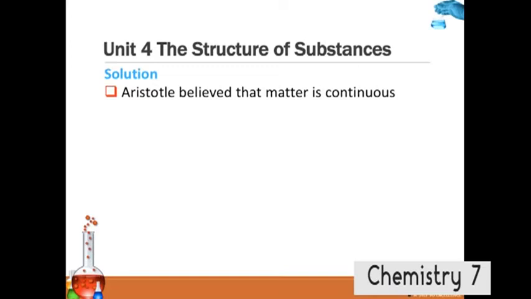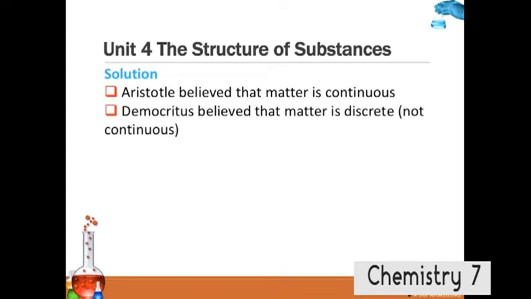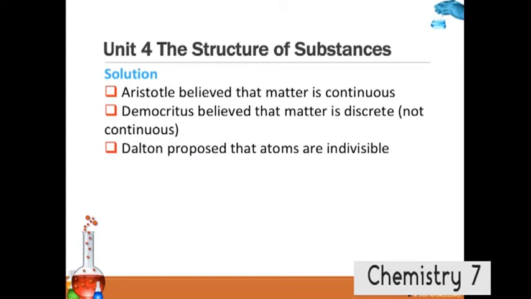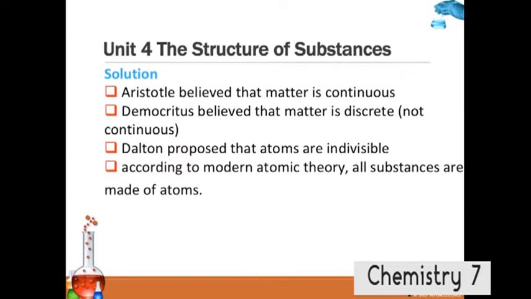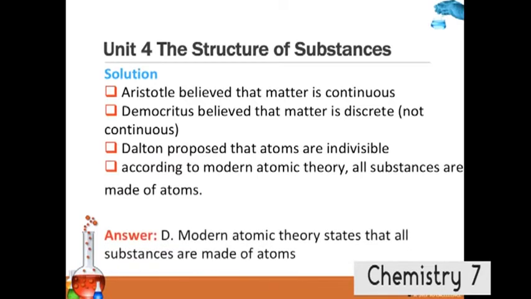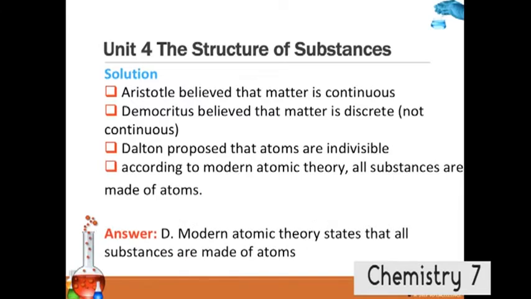Aristotle believed that matter is continuous. Democritus believed that matter is discrete. Dalton proposed that atoms are indivisible. According to modern atomic theory, all substances are made of atoms. The answer is D.